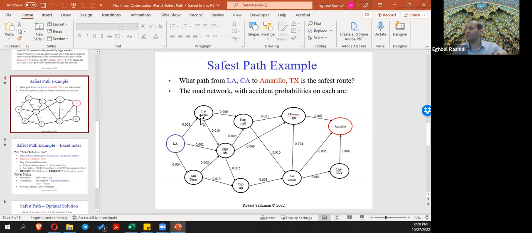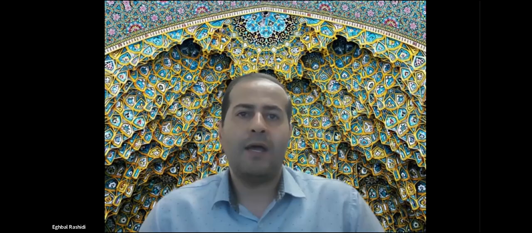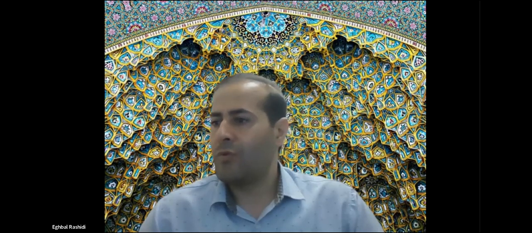That's not going to be part of our path. If it's 1, that means we choose to go from LA to Las Vegas, it's part of our path, and then we have to continue from Las Vegas to somewhere else. Okay, so let's go ahead and open up the Excel file for that.